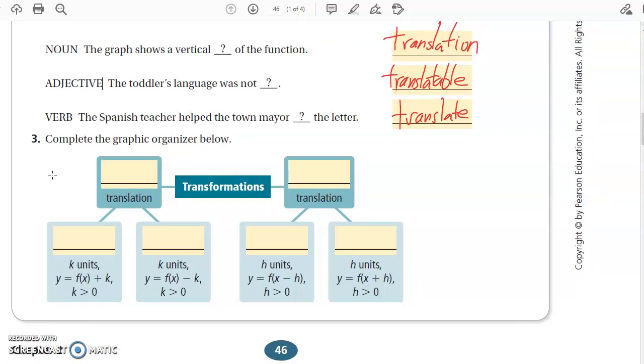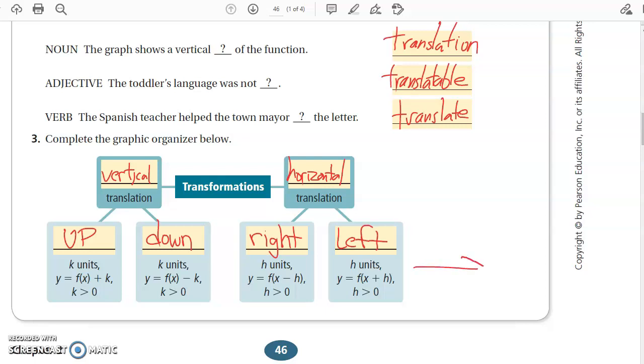Translation. This can be vertical, and this one is horizontal. Then we have K units, and this is going to be up. And this will make more sense in a little bit. And this is K units down. And these are H units right, and H units left.